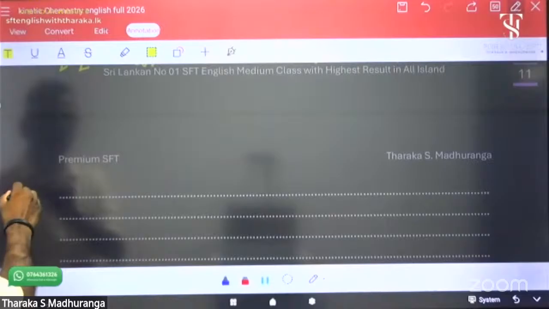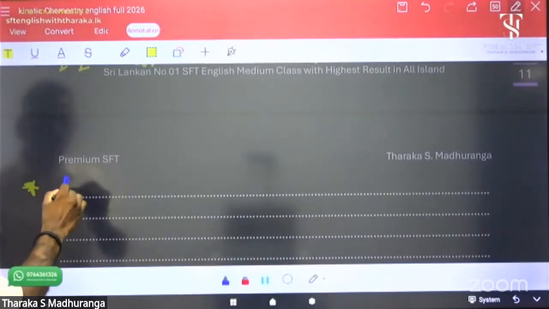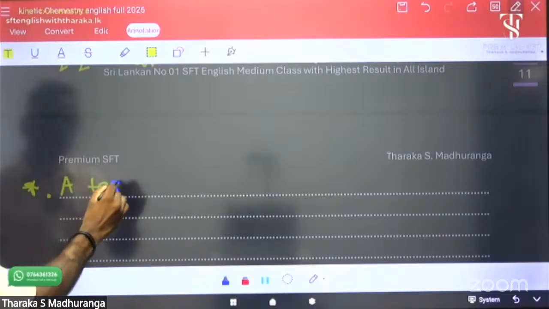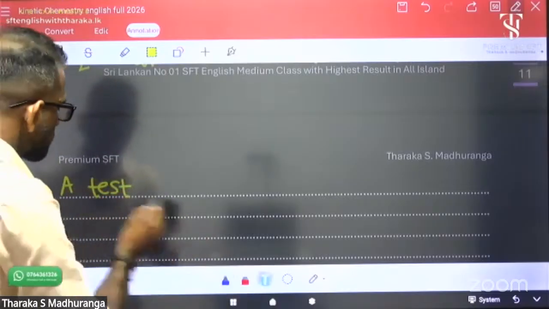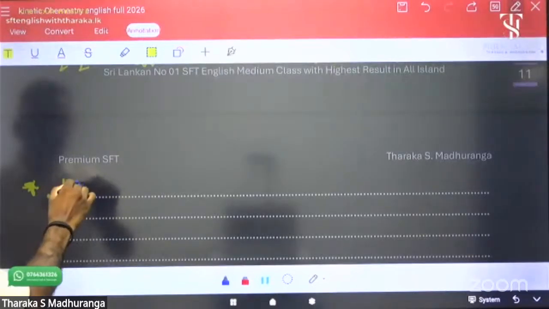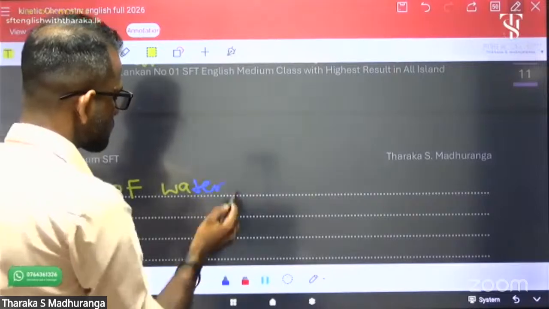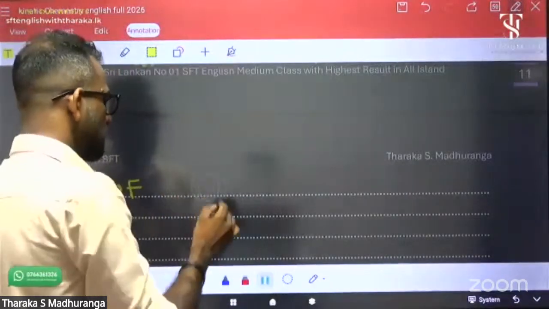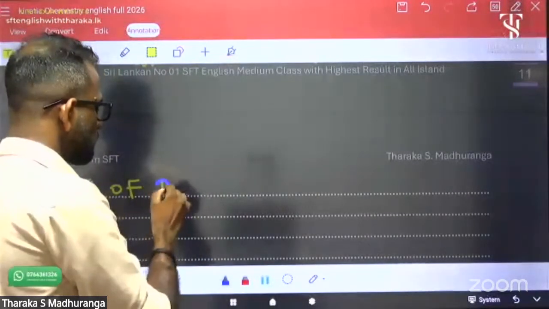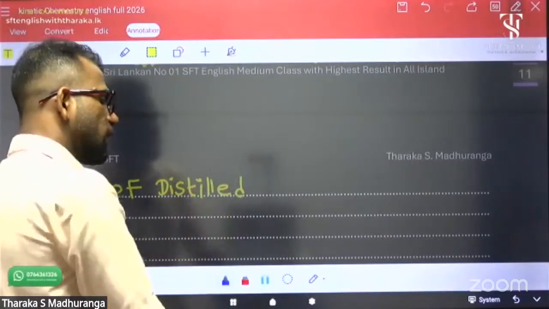Third point. A test tube, sorry, 10 gram of water. Distilled water or deionized water?